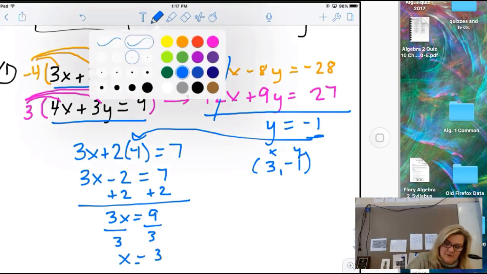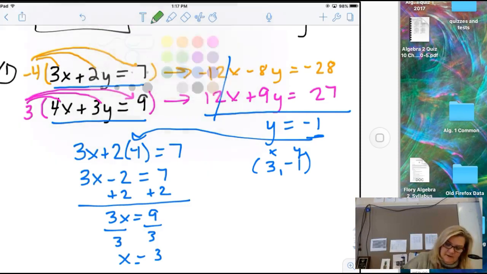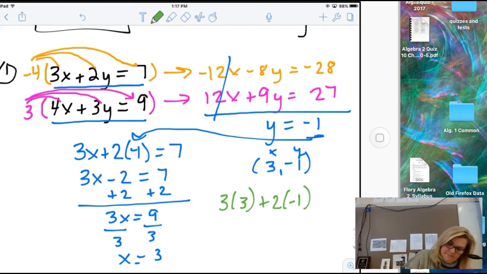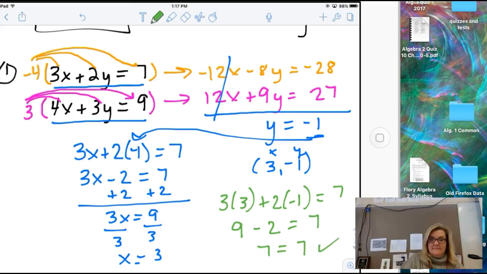I'm going to switch my color up to green. 3 times 3, my x value, plus 2 times -1 equals 7. Actually, I'm using the same one. So then I have 9 minus 2 equals 7. 7 equals 7, and that checks. Okay? So let's go on and we'll do our next one.